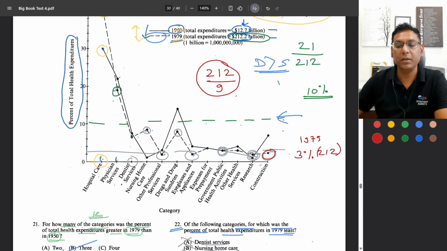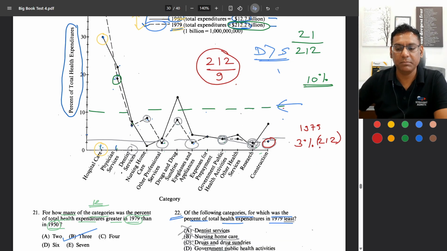Let's say I round it off to 2%. That's going to be $6 billion, something. Okay. In 1950 it was a higher percent.